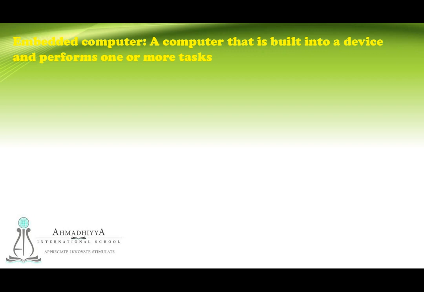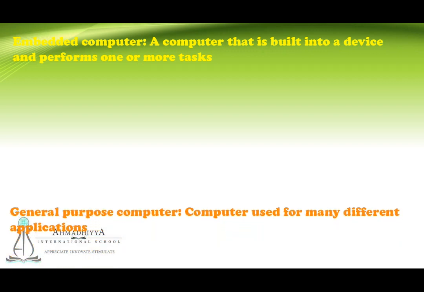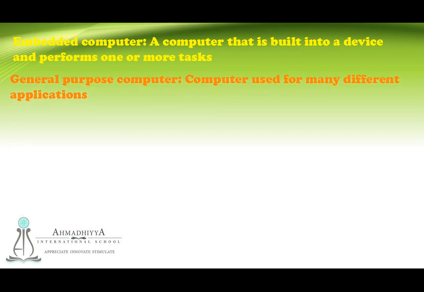It is specially designed to do one or two tasks, and moreover, needs to process a small amount of data at a given time. Examples of embedded computers are a digital watch, central heating control systems, a microwave oven, and a refrigerator. These are the devices that come under embedded computers.